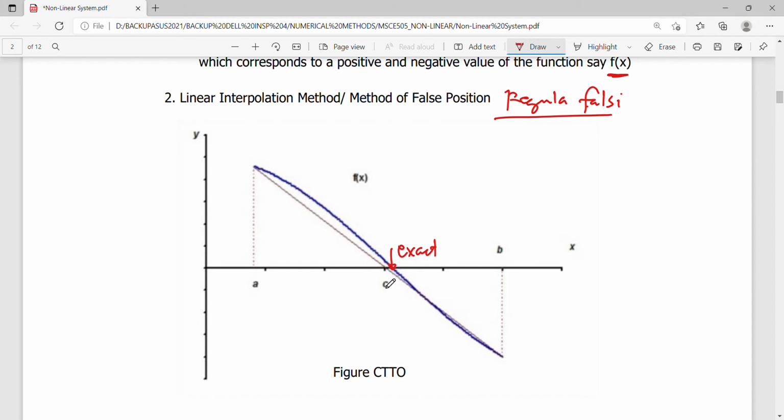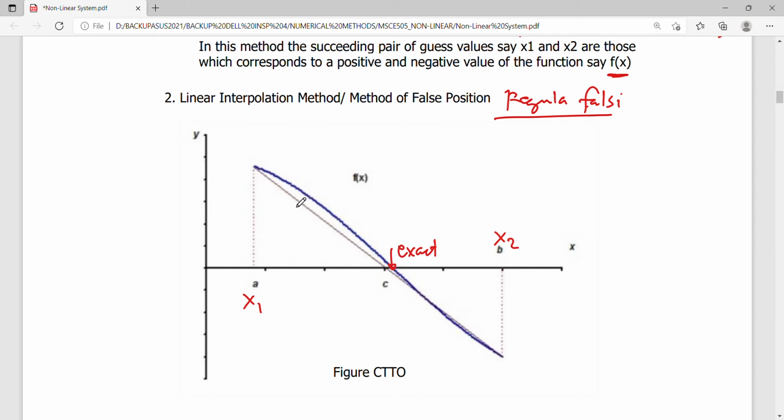So it doesn't need to be in between the two guess values, A and B. So here the guess values are A and B, no? This is the x1 there and this is the x2 here. So if it falls somewhere here, dito ka nag-x2, kaya pa rin. Kasi ang gagawin mo, you will try to get the equation of this linear.